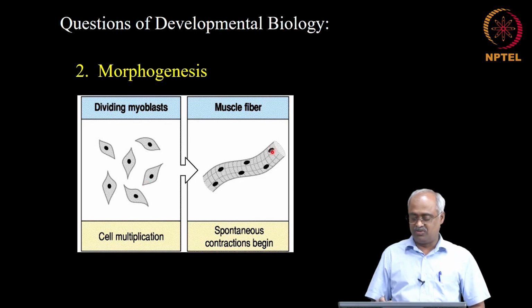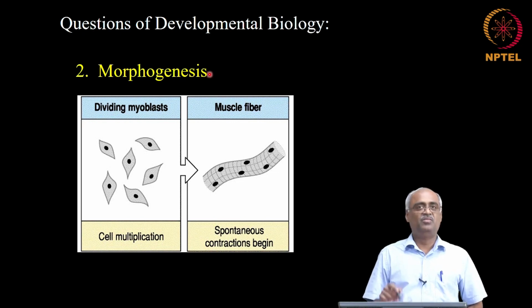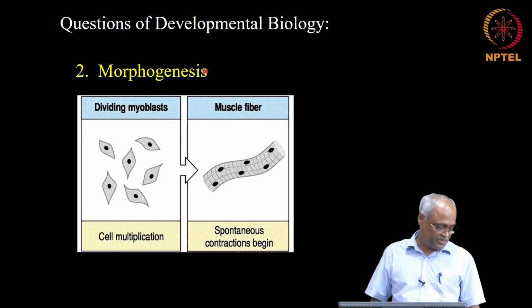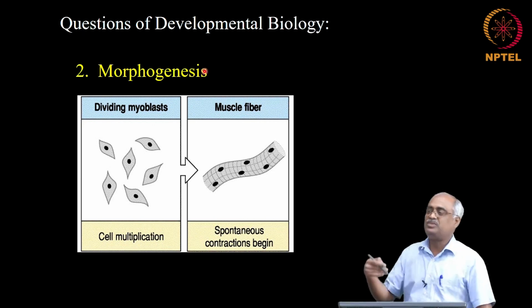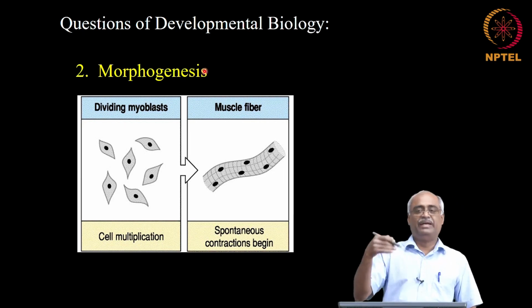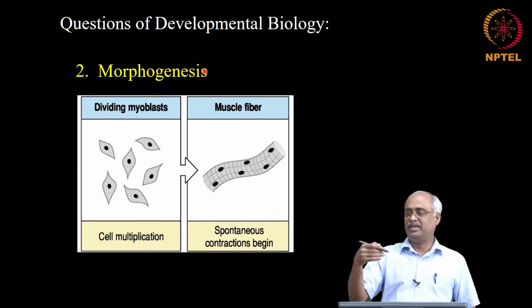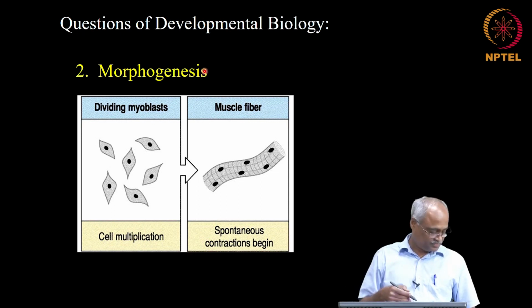So, they have to arrange and take the shape of the muscle fiber, and that shape formation is what is morphogenesis. How does that happen? So, that is another important question in developmental biology. So, by the way, going through these questions helps you to get an idea of what is the scope of this course, what am I going to learn at the end of it.